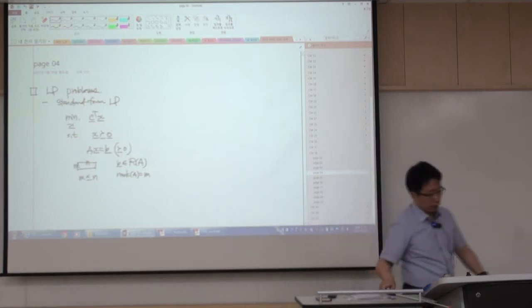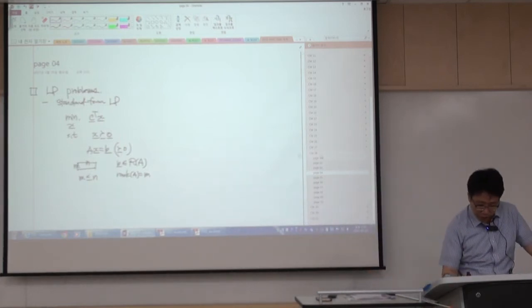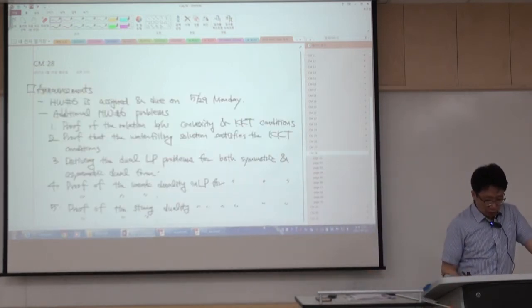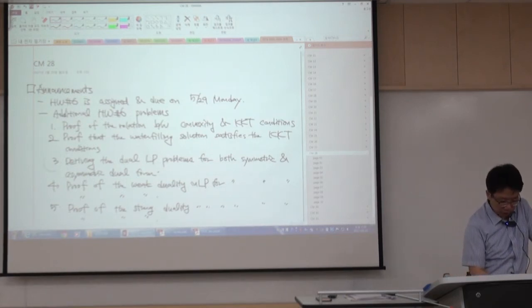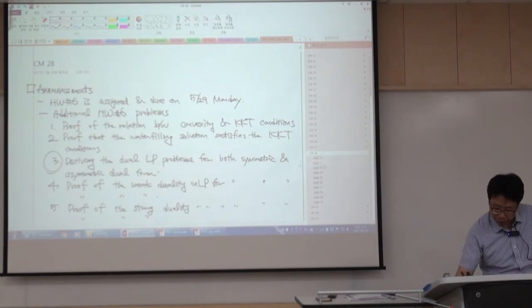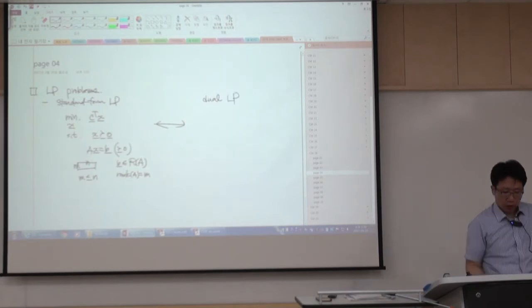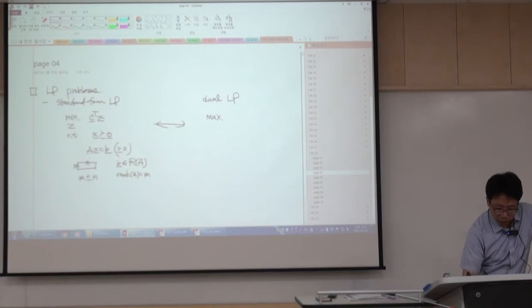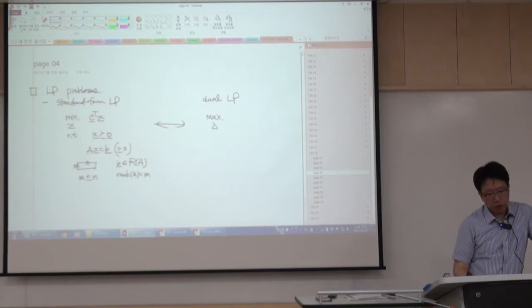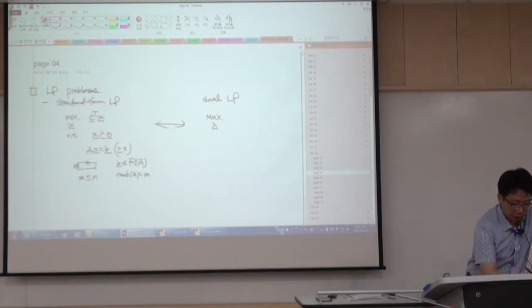And as I stated here, what you need to derive is this one. If you derive the dual problem, you will see a maximization over lambda. You may not like lambda.